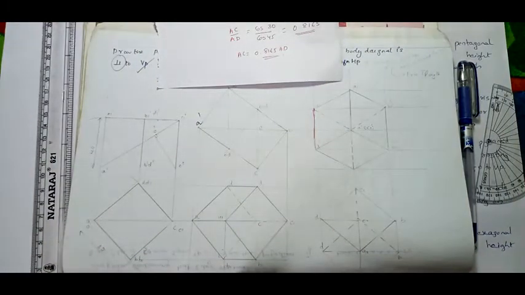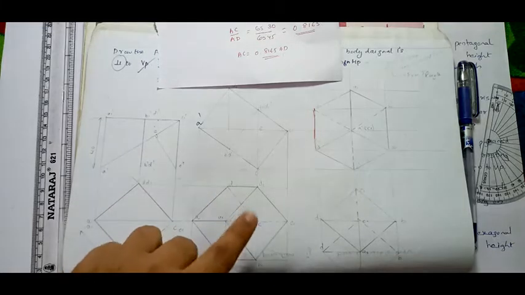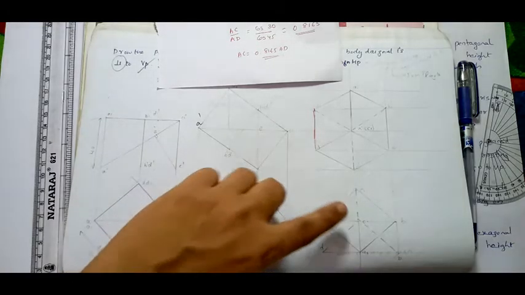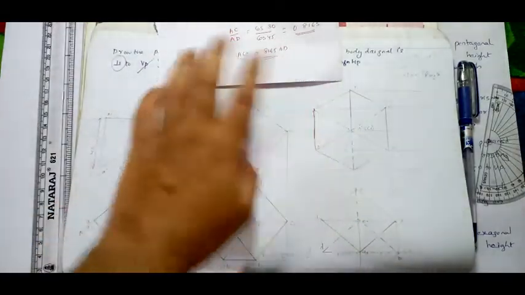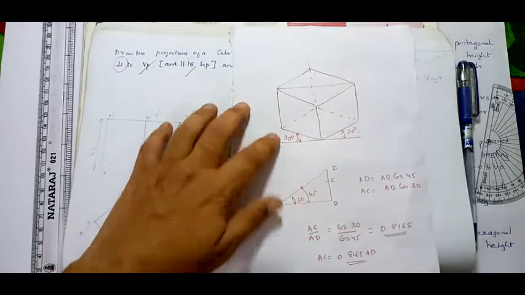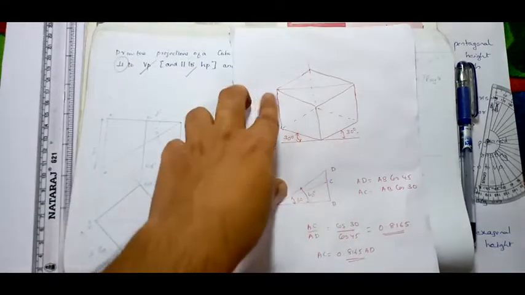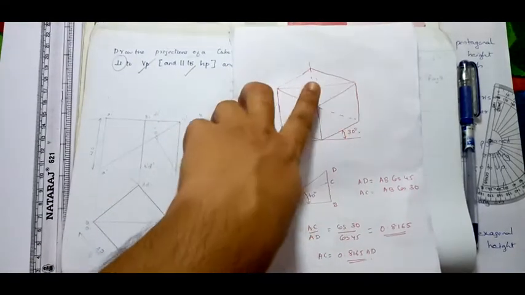So from this you can infer that the length of this BD is not changing while we are drawing this figure or this figure or this figure. See, the BD is the same only. So based on that principle, this line BD is representing the actual length.